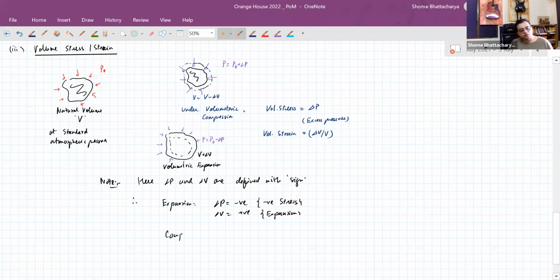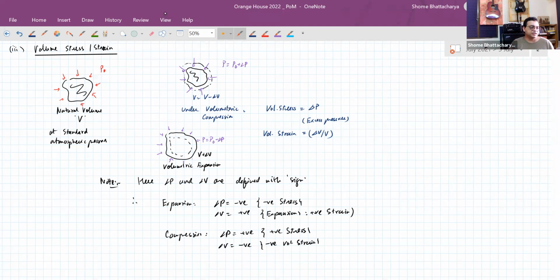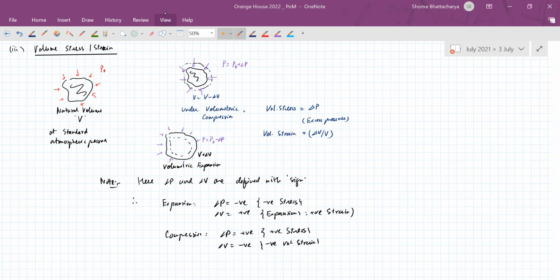Whereas in compression, delta P will be written with a positive sign. So there is positive volumetric stress, whereas delta V will be negative. So there will be negative volume strain. So these are the three types of stress and strain. And understanding the relationship between stress and strain is what this chapter of elasticity is all about.